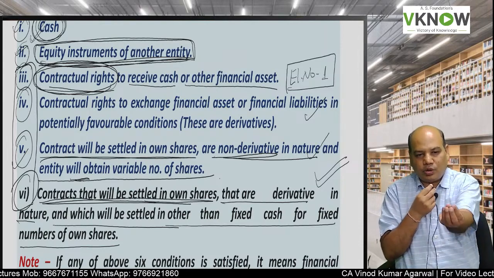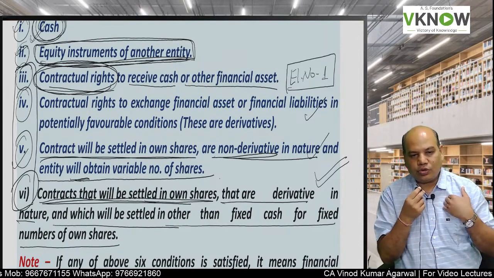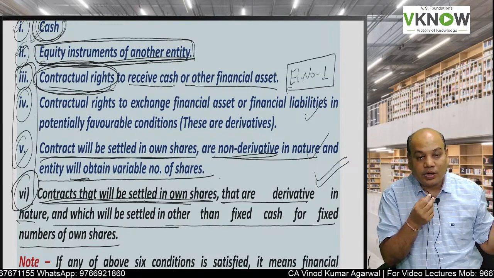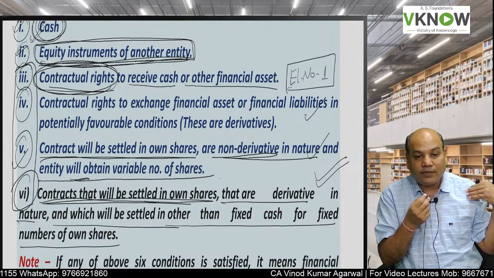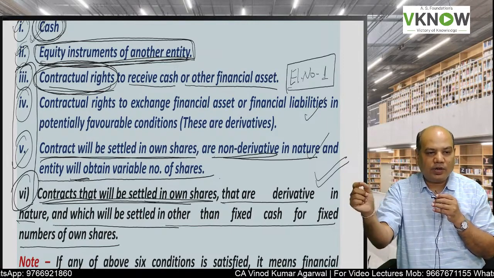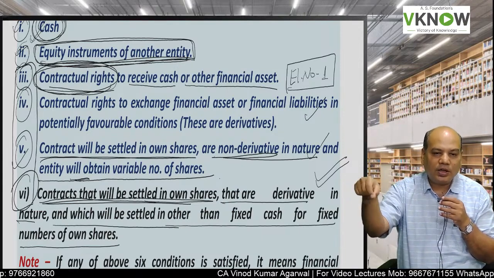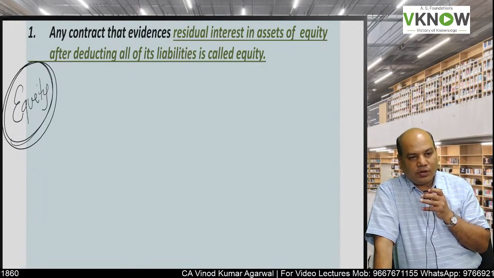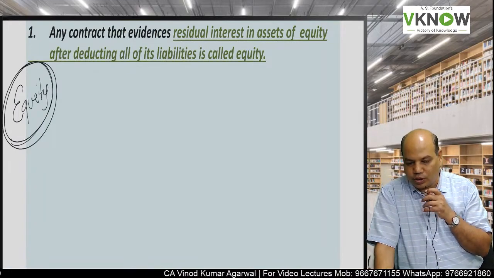So if I have given you a loan of 10,000 and you are going to return my share, but the number will be based on market price, I am going to get a variable number of shares. So that is a non-derivative contract settled in a variable number of own shares. Right? We'll come to the definition of equity.